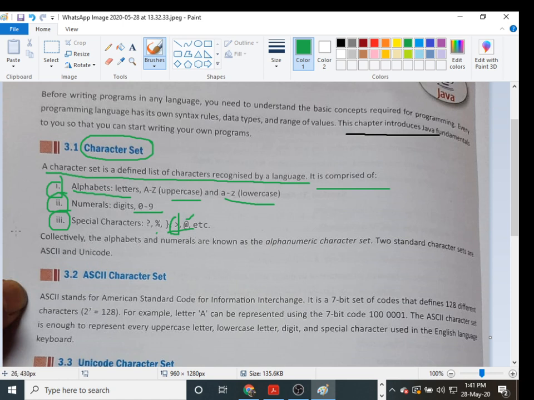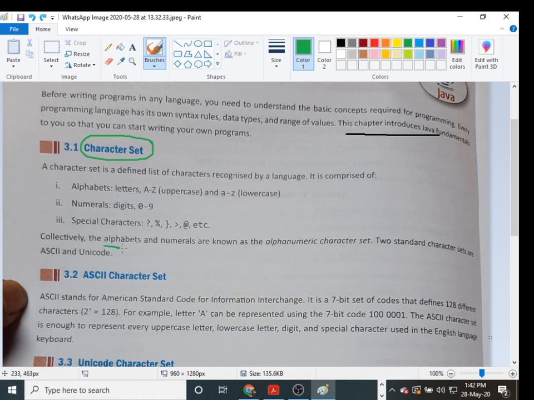So these are the special characters. Collectively, alphabets, numerals, and special characters are known as the character set of Java. These alphabet letters, numeral digits, and special characters all make the complete character set of Java.